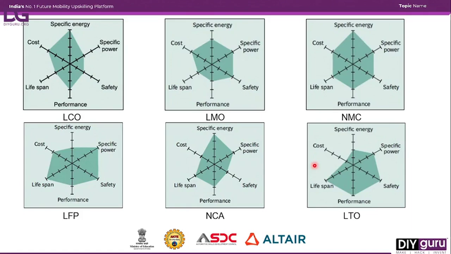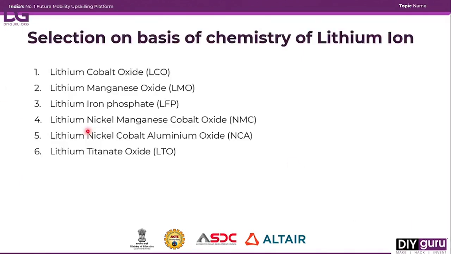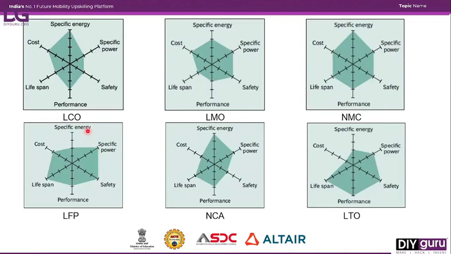Okay, so let's start. This LCO is what we call lithium cobalt oxide. What it shows is that it has a high amount of specific energy, but a low amount of specific power.